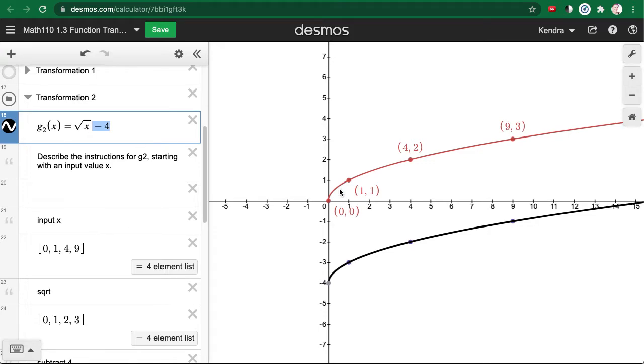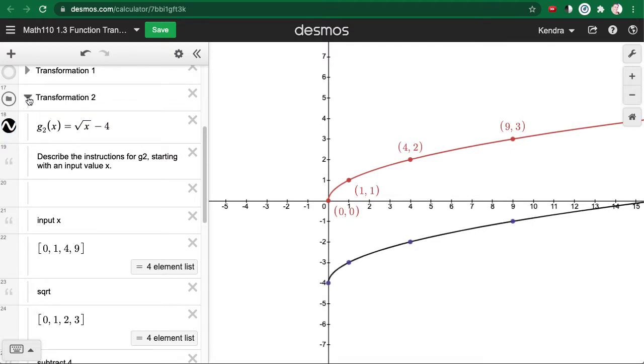And the effect of this is that it subtracted 4 from all of the y values. So it shifted the graph down by 4, or it shifted the graph vertically by negative 4 units.